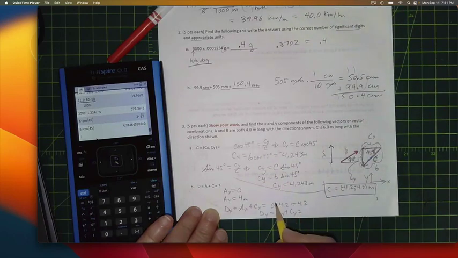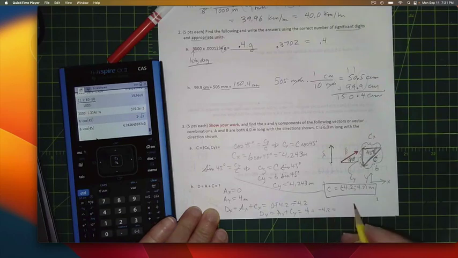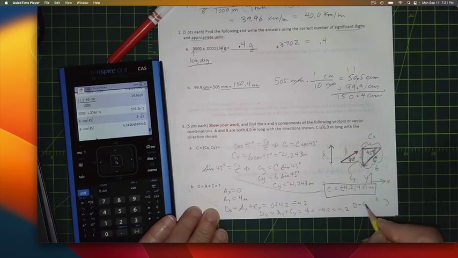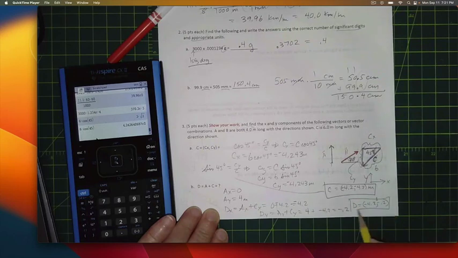So I need minus 4.2, minus 4.2 there. Now A is going up, positive, so it's 4 plus negative 4.2, so 4 minus 4.2, which is negative 0.2. All right, so D as a set of points is x negative 4.2, y negative 0.2. So this would be my solution for D.